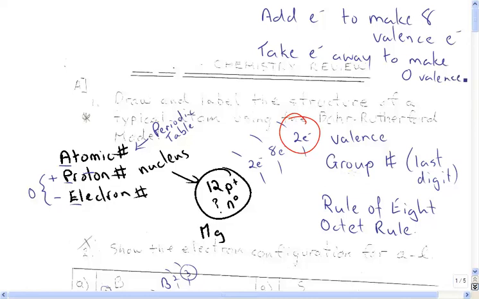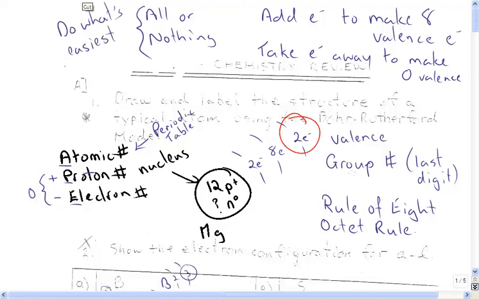Okay, so think of it as all or nothing. I either add something to fill it up so it can be 8, 8 is our all, or we take away electrons to make it 0. But the thing is, you do what's easiest. It's just as easy to add electrons as it is to take them away.